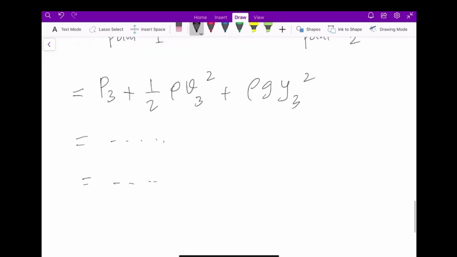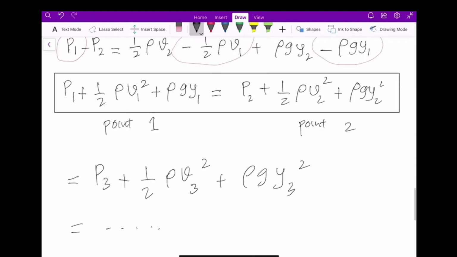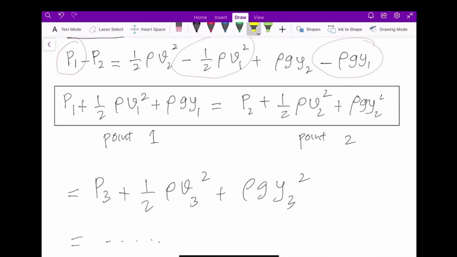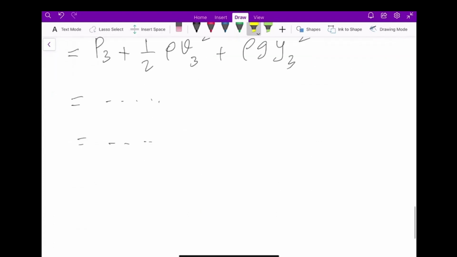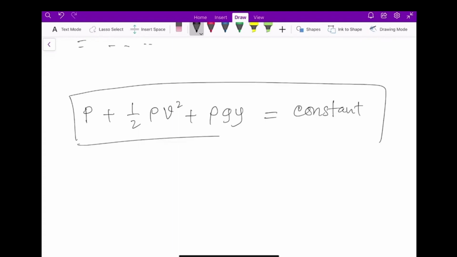So what does it mean? If we simplify this Bernoulli equation again, if we rearrange this main equation, we can actually write it as P plus 0.5 rho v square plus rho gy equal to constant.